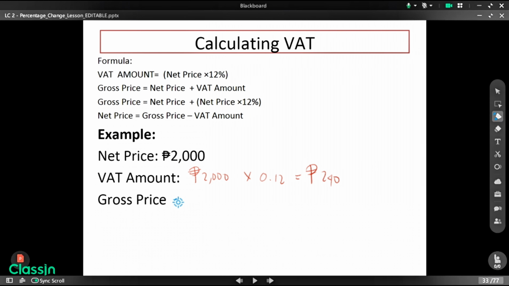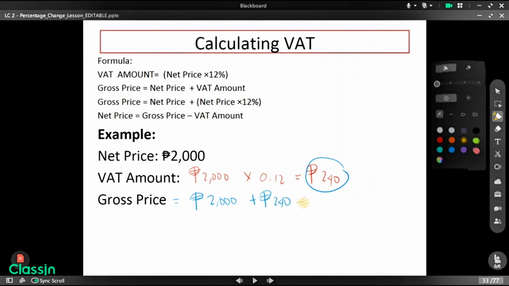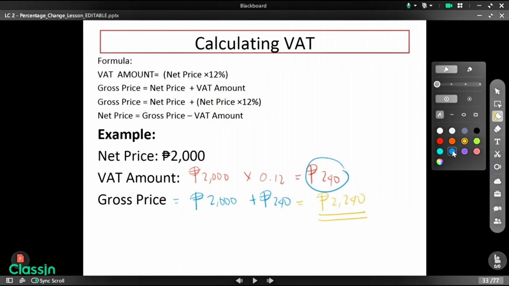Now, what about the gross price? We need to add the net price plus the VAT amount, which is 240. So the answer is 2,240. Now, let's use the other formula.